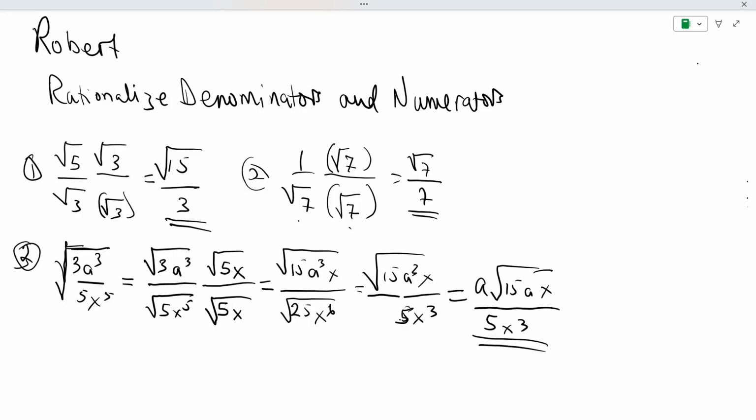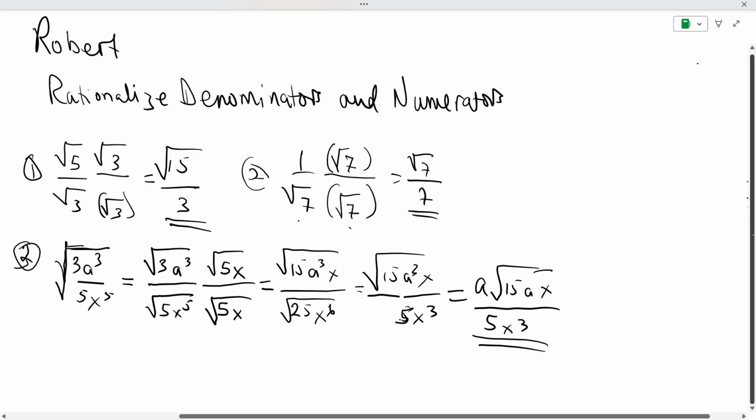Okay, how about rationalizing the numerator of a radical expression? The exercise is the same, only in reverse. We now concentrate on the numerator, the upper part of the expression.